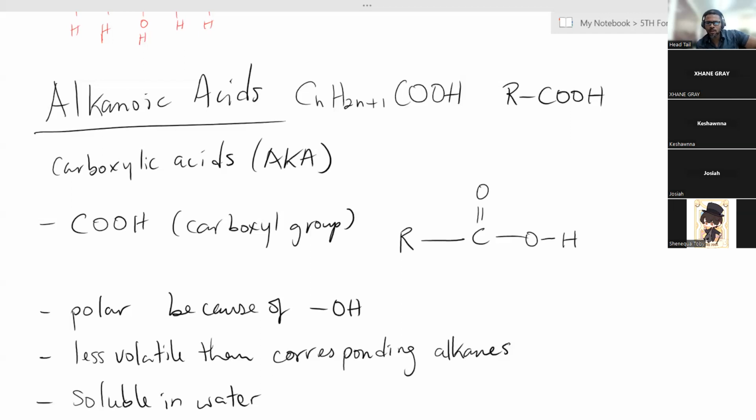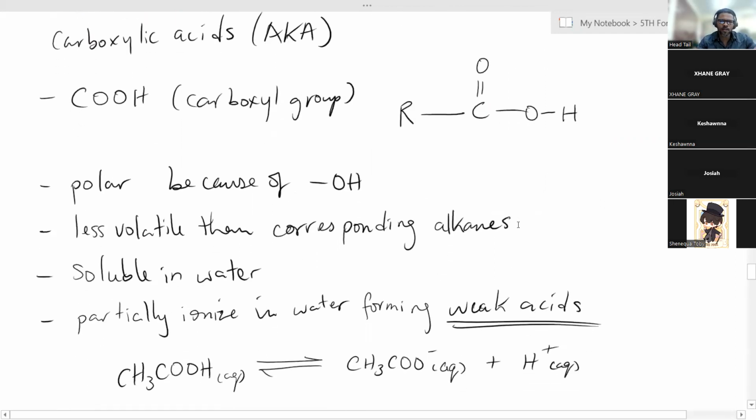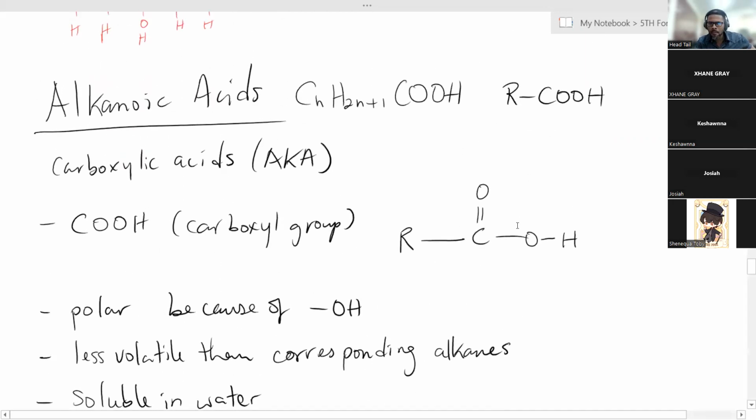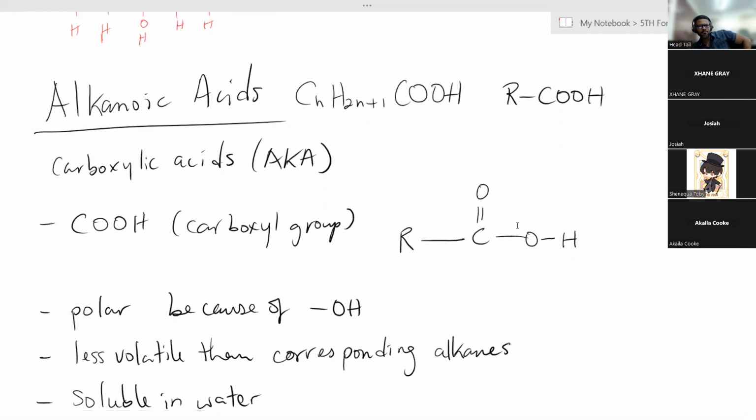You know why that's called alkanoic acids? So I'm pulling down. The reason why they are called acids is because they partially... Akela, yes.